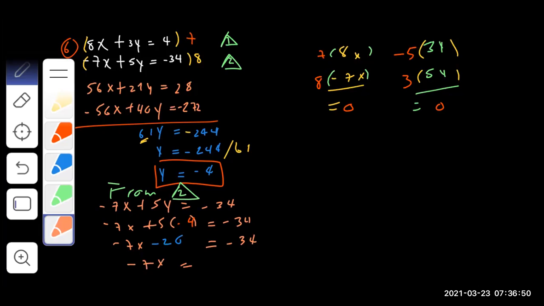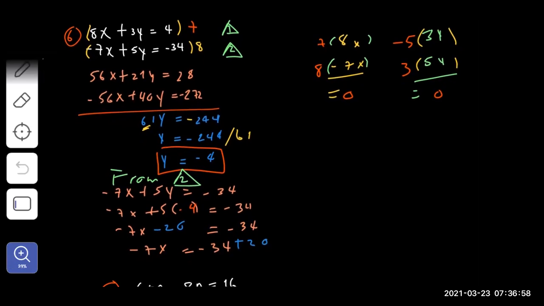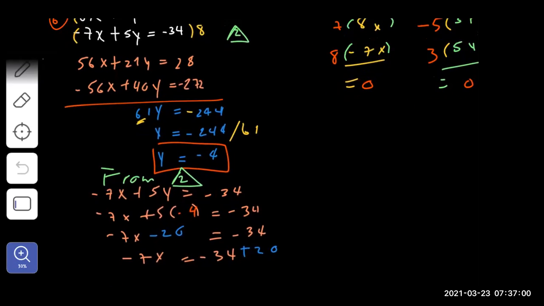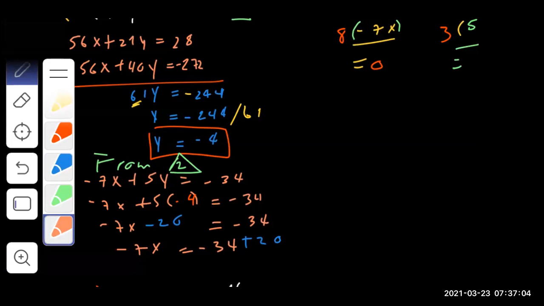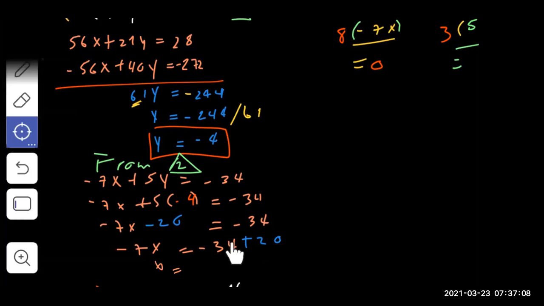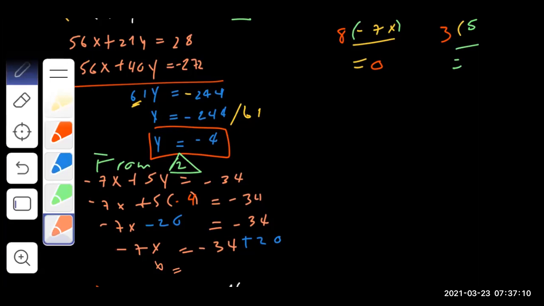-7x equals -34. Guys, this negative 20 on the other side will be +20. Oh my gosh, I'm running out of space. I need to leave x alone here. -34 plus 20, guys, I need to subtract.